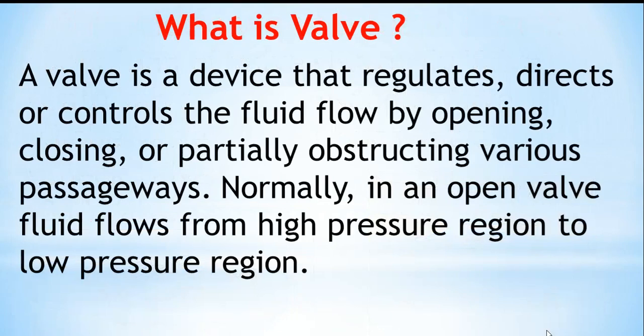So first we'll start with what a valve is. A valve is usually a component in the piping system. Like I said, here we are talking about the piping system and how the flow of any fluid can be controlled through it. That is our topic of discussion over here.